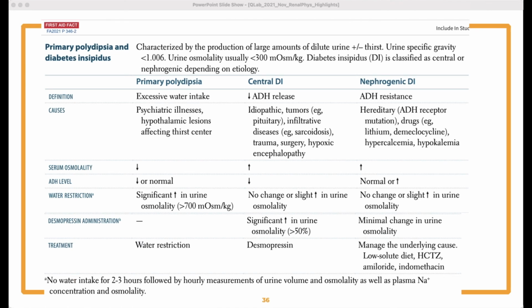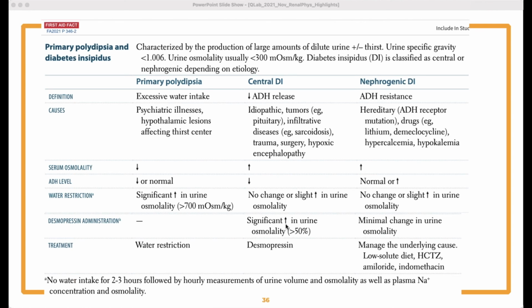So in this patient, you would then want to look at serum osmolality. In our patient, the serum osmolality was low. So that actually points more towards primary polydipsia rather than diabetes insipidus. Okay. The treatment for this would be water restriction.